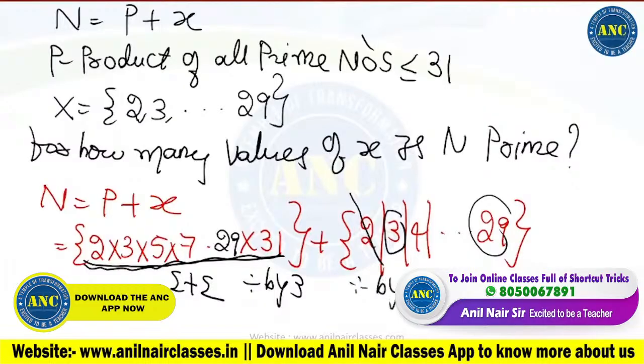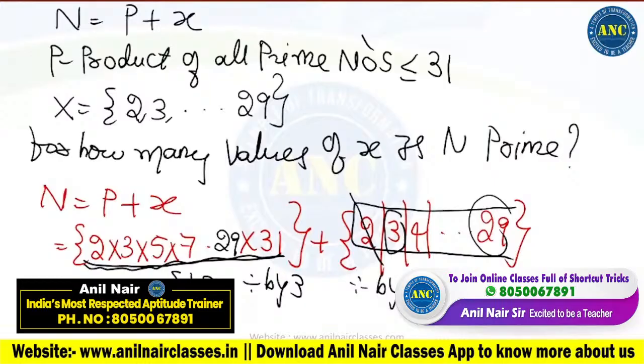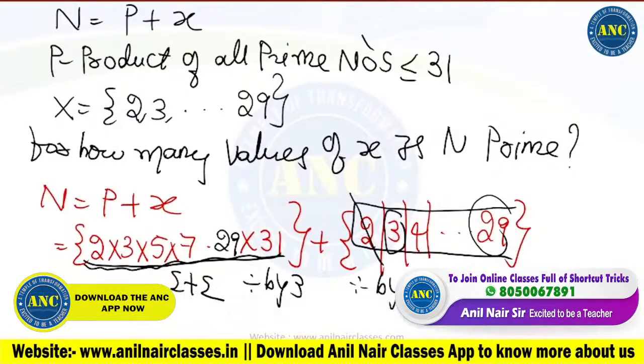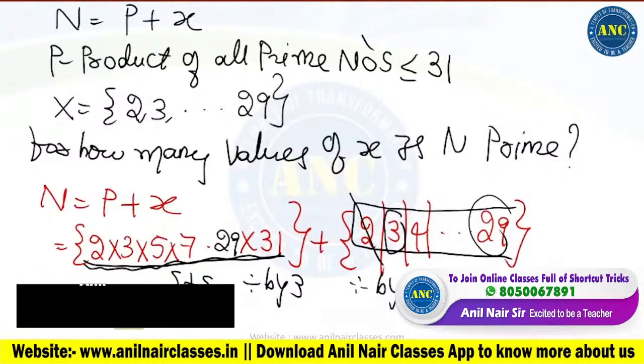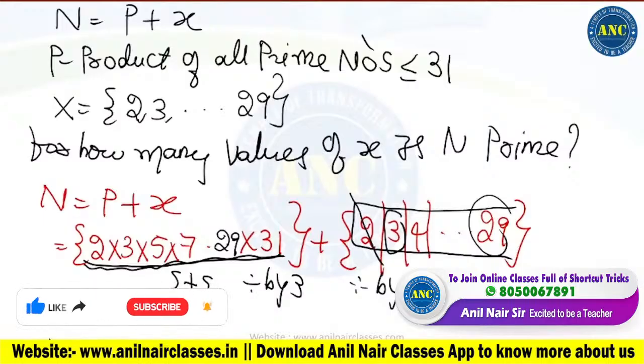Whatever the elements in X, whether it is 2, 2 is a part of P. If it is 3, it is a part of P. If it is 4, the factor of 4 is a part of P. 5 is a part. If it is a composite number in X, the factors of that composite number are present in P. So everything will become a multiple of K. K could be 3, K could be 5, and so on up to 29.